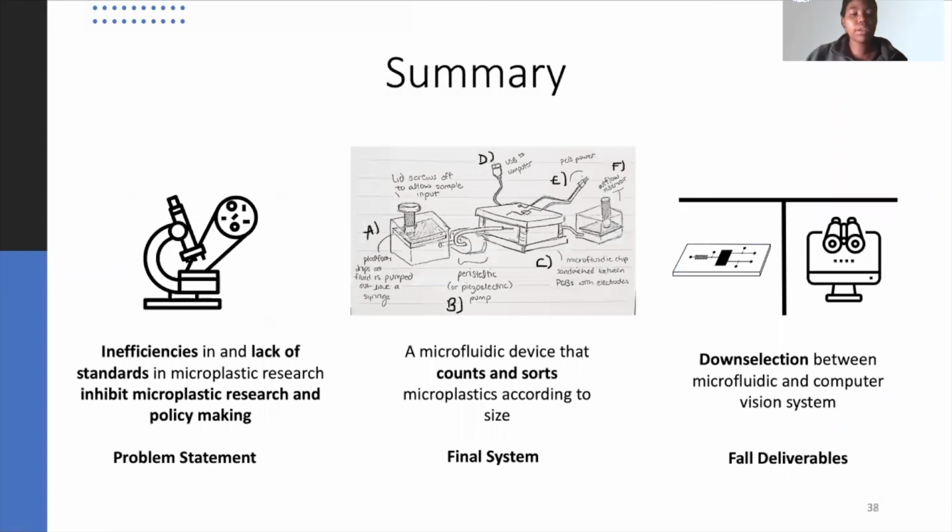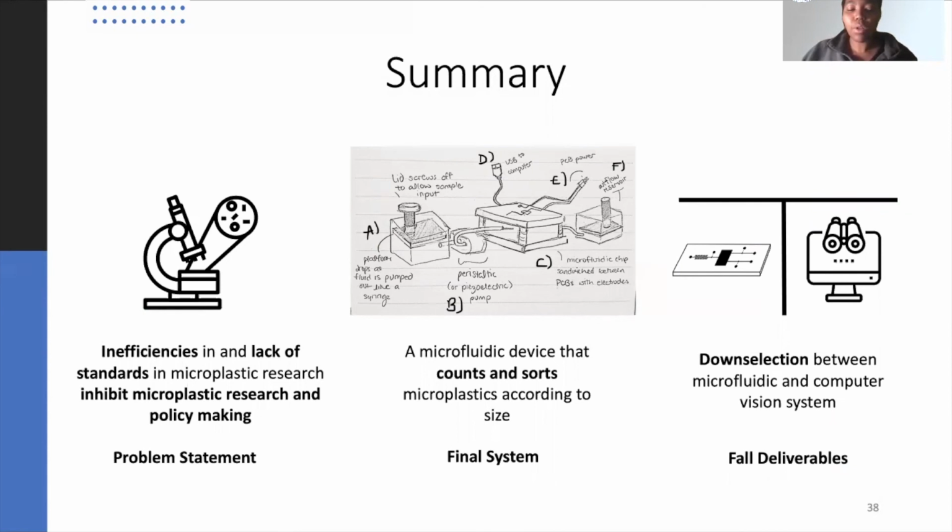So a summary: we've seen inefficiencies and lack of standards in microplastic research. Right now, our plan is to give the stakeholders a microfluidic device that can count and sort microplastics. The end goal is to be able to inform policies.